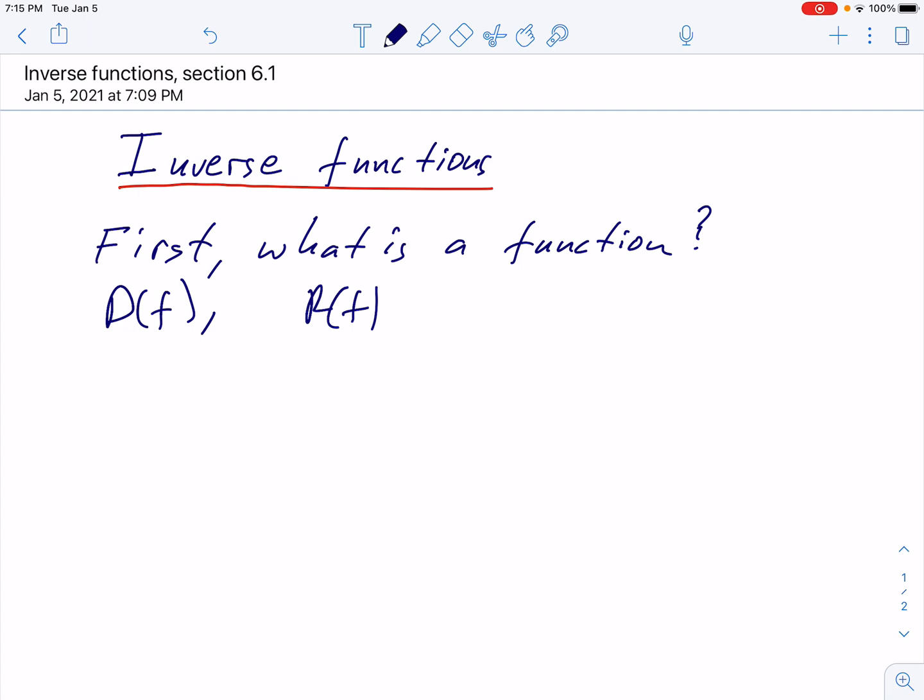And there is some formula, some equation, some rule that for every x in the domain, we put in correspondence y, which is f(x), in the range.